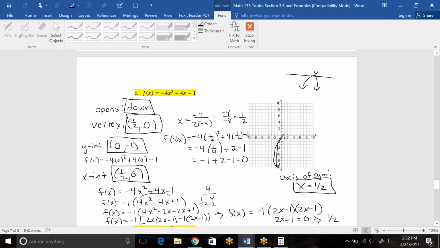Just ignore that little string right there. This is a kind of narrow, skinny parabola. If I didn't like that I didn't have another point, you could always evaluate like f of 2 or f of -2 or something like that to get more points. But as long as you have at least the vertex and then 2 points on each side using symmetry, that should be enough to get the graph.